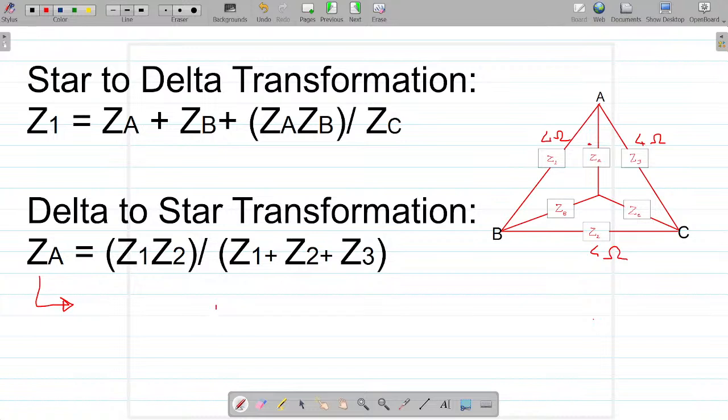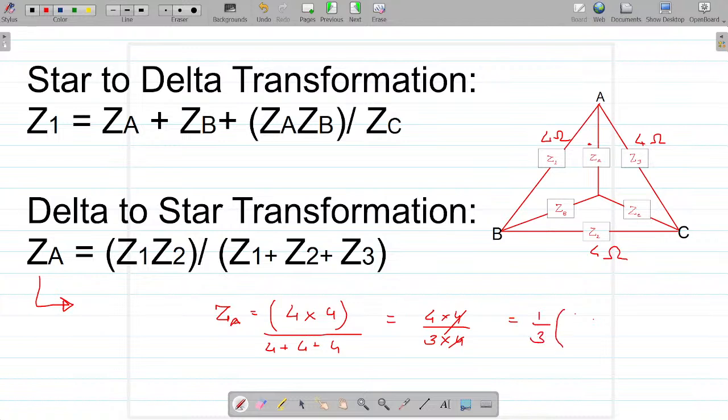ZA equals 4 into 4 divided by 4 plus 4 plus 4, that is 4 into 4 upon 3 into 4. Can I write it is 1 by 3 times the delta impedance? Can I say it? Right?